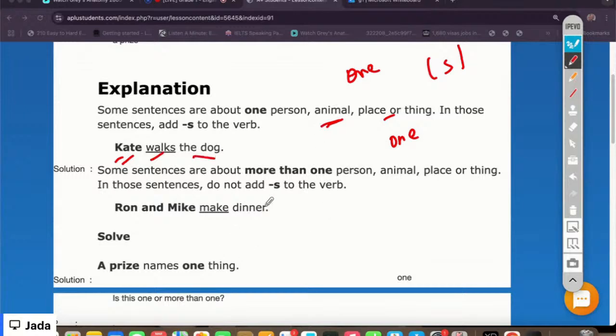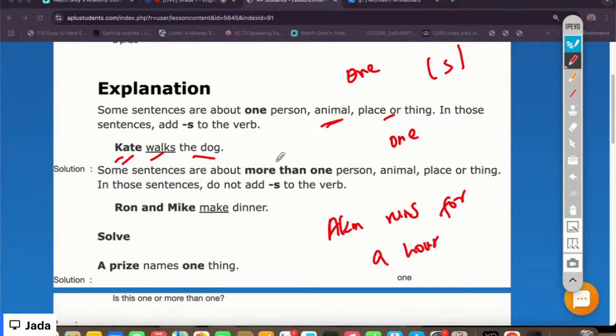We can also see Akin runs for an hour. You can see that he's just one person, so we needed to add s to the verb.